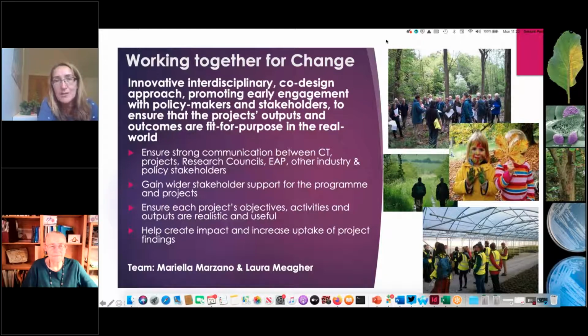Most of the projects started in September, and we have a wonderful opportunity here to work together across research, policy and industry to make sure that the outputs and outcomes of the research projects have real impact. And the aim is to encourage interdisciplinary and co-design approaches to research development to support the projects in their stakeholder engagement, as well as provide a platform for stakeholders to engage with all the different projects, just as we're trying to do here. So next slide, please, Geraint.